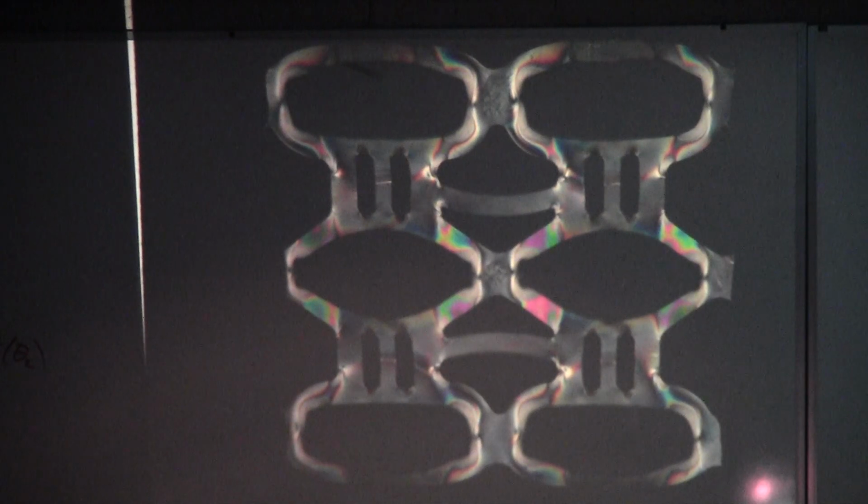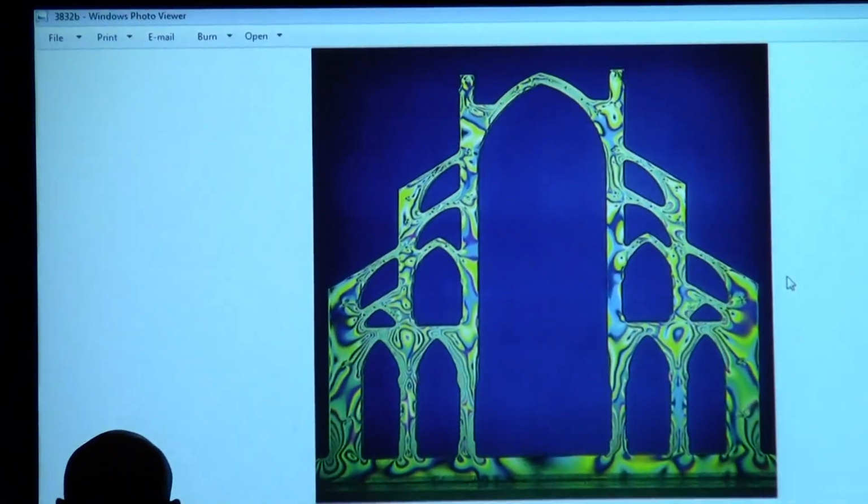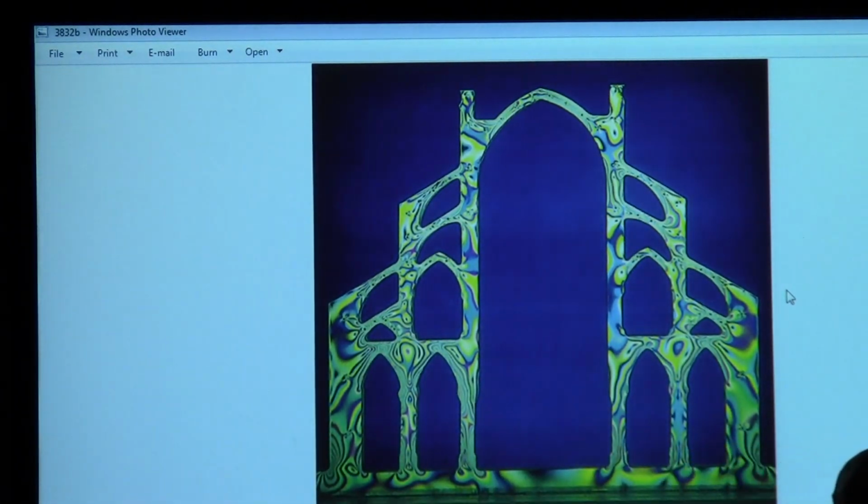when it comes to building models and asking what the stresses will be on a bridge or a building. And this is supposed to be a model of a cathedral. They're mimicking an old cathedral and asking where the stresses in the rocks are.